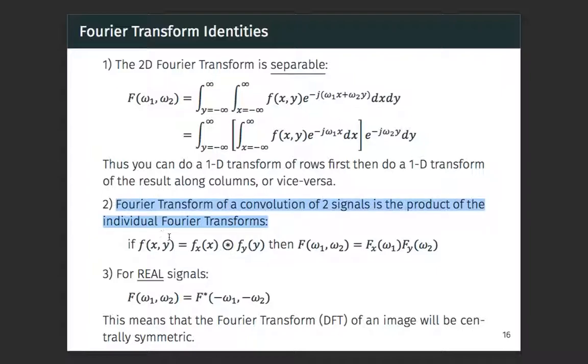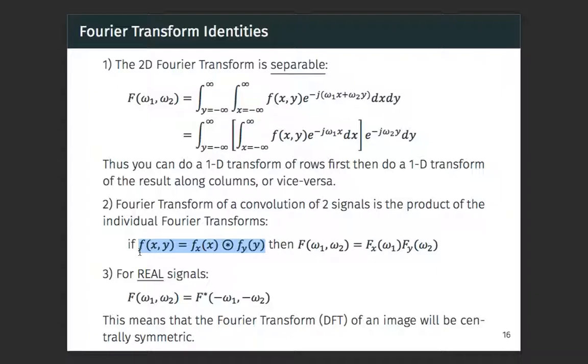The second result that will be useful for us later on is kind of obvious from previous properties we had. If your signal is a convolution itself of 2 signals, say in the lab we've seen the Gaussian blur, and we say that the Gaussian blur in 2D could be expressed as 2 convolutions back to back of blur in the x and blur in the y direction, right?